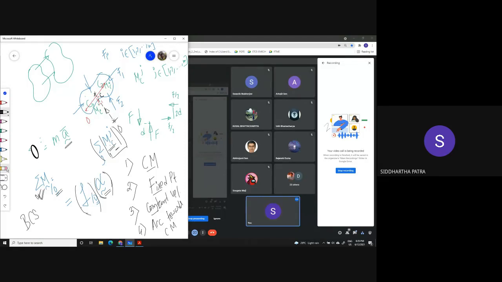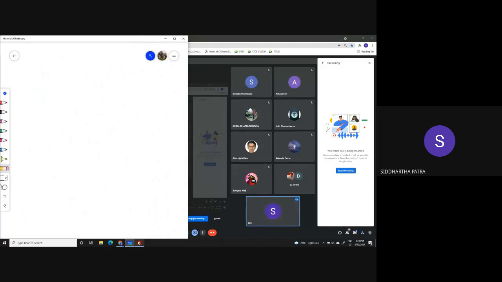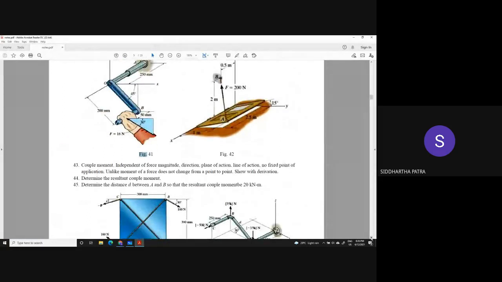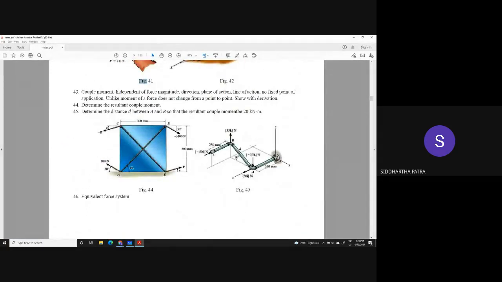Anyways, so let's move on to the problems. Okay, so in figure 44, what you see is this: there is this square block here, and it is being tied down with a set of ropes, which gives us a couple of 100 Newton forces forming a couple, and then there is another unknown force making an unknown angle theta.